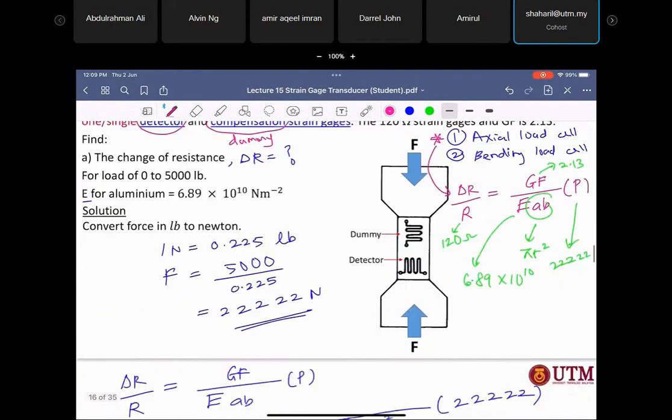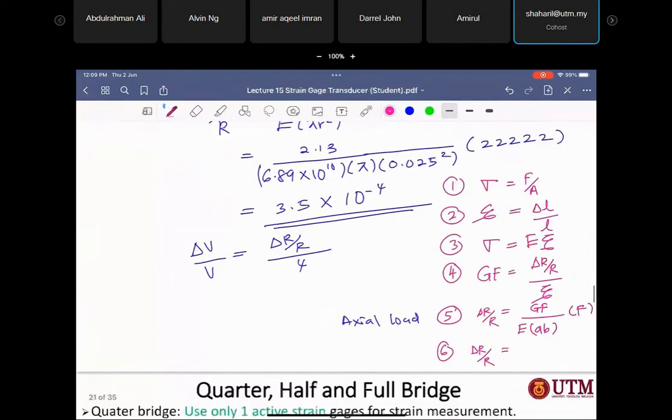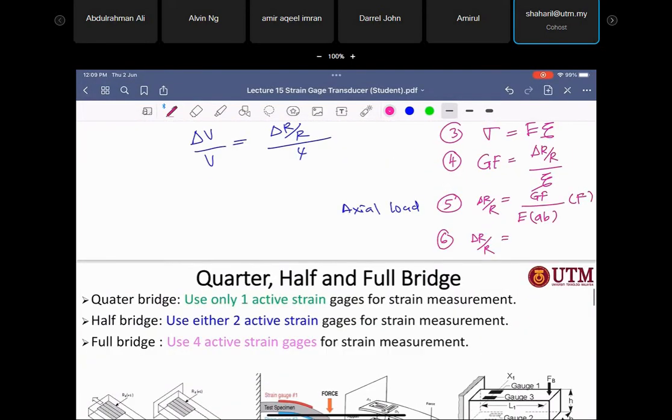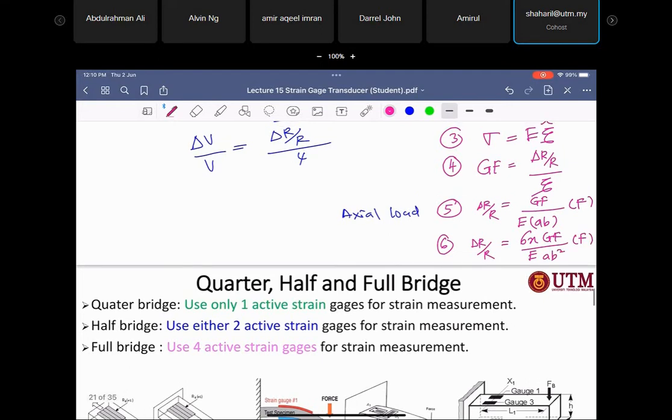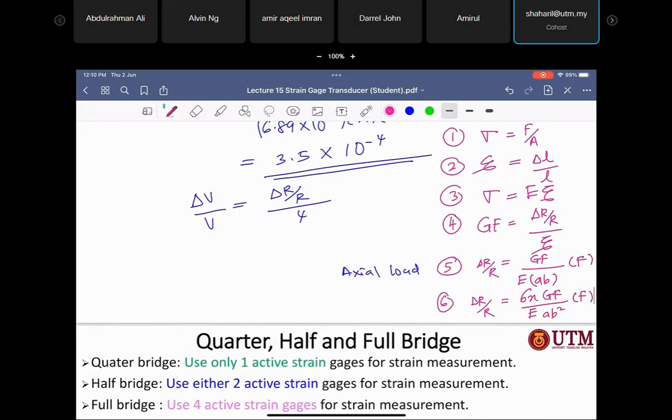And AB squared. Okay, sig x. Then you have here sig x, where x means the location where you put the strain gauge, and then you times GF and E, AB squared, and also F. Okay, so equations 5 and 6 are for the load cell. This one we call the bending load cell.